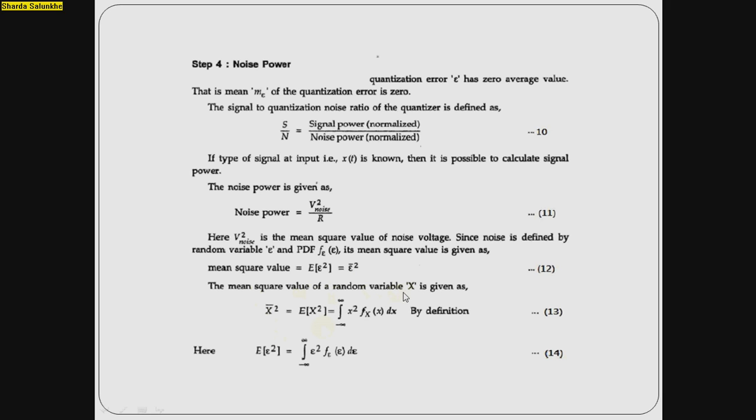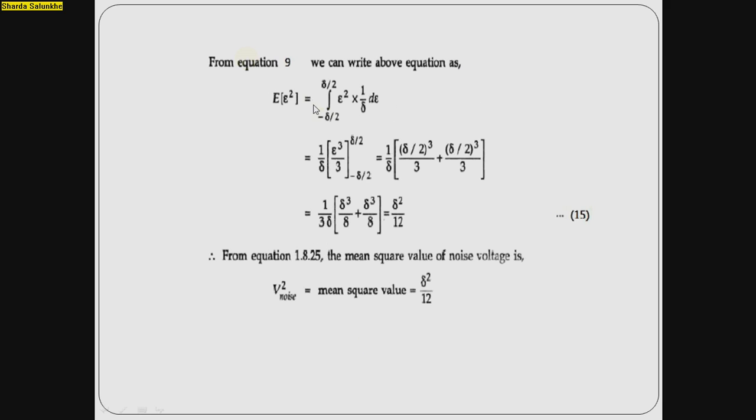The mean square value of the random variable x is E of x square, that is the integration from minus infinity to infinity of x square f_X of x dx. So the error E of epsilon square is the integration from minus infinity to infinity of epsilon square f_E of epsilon d epsilon.